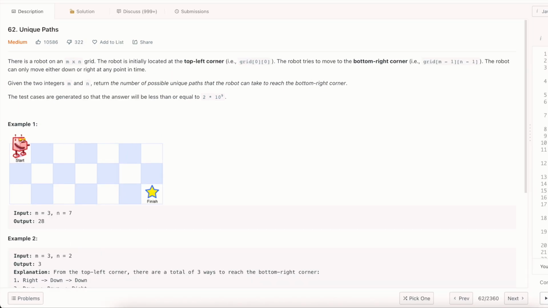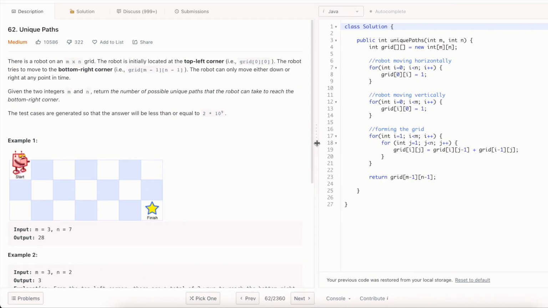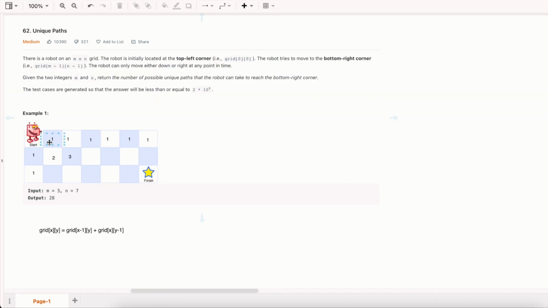Let's see the code. I have already written it, fairly simple, and it runs almost the best of the solutions given in Java. Let's see how it runs. We discussed the base conditions. The number of ways to reach any cell in the first row is just one way, so all the cells will be one.